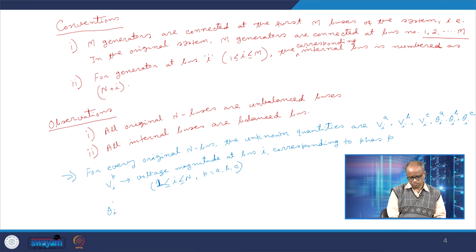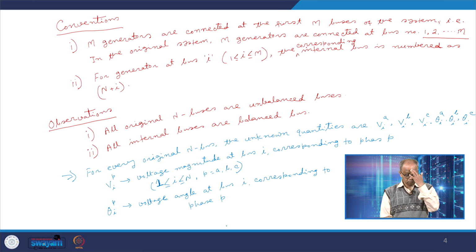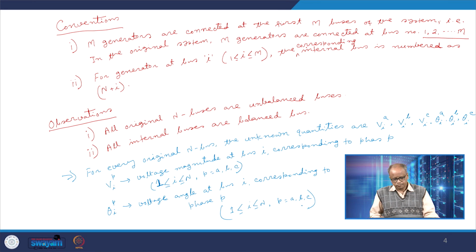Similarly, theta IP is the voltage angle at bus I corresponding to phase P, where again I is for all n buses.